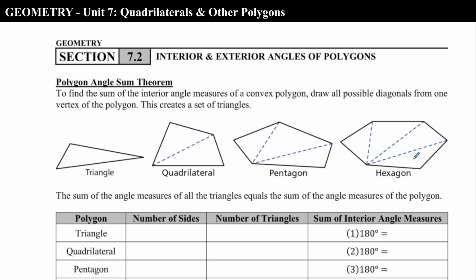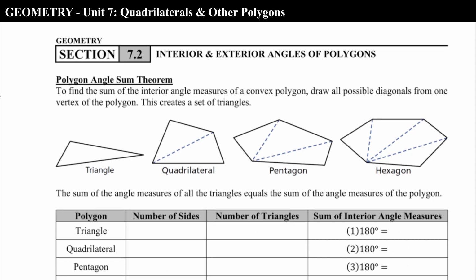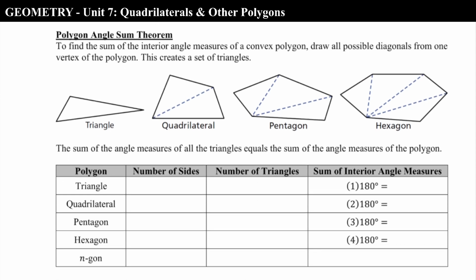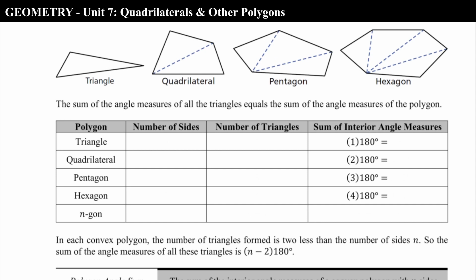This is why we spend so much time on triangles in geometry, because anything with more sides than a triangle can be broken down into triangles. Then you can use everything we've learned about triangles to do things with that polygon. So the sum of the angle measures of all the triangles equals the sum of the angle measures of the polygon. That's the big takeaway here.